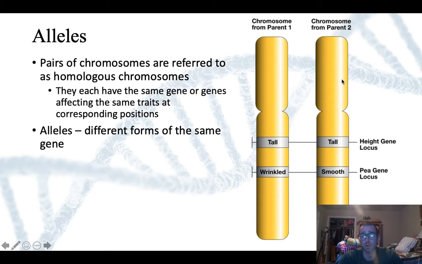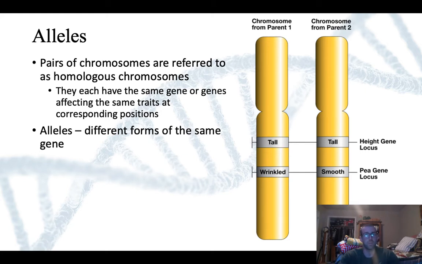And because we have two chromosomes, we have two different alleles or two different copies of those same genes. In this case, both of these chromosomes have the same allele that is going to code for a tall pea plant. But they could have different alleles, and here one of these chromosomes has a gene that's going to code for a wrinkled seed coat, whereas the other has a gene that's going to code for a smooth seed coat.